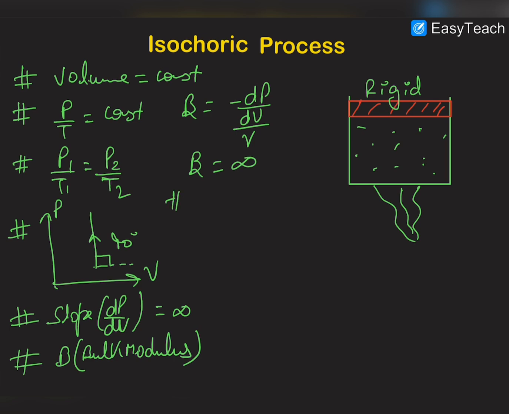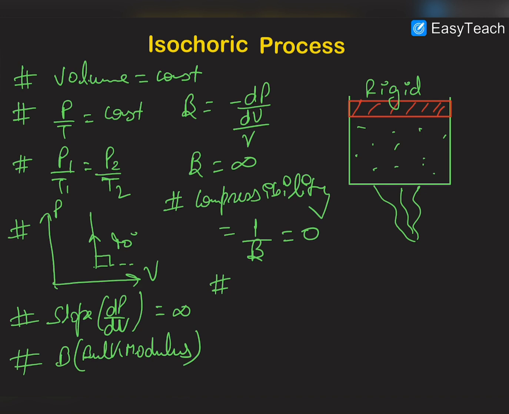And there is a term called compressibility, which is 1 upon bulk modulus. So compressibility is 0, because obviously this gas cannot be compressed, as it is going through an isochoric process and its volume remains constant.